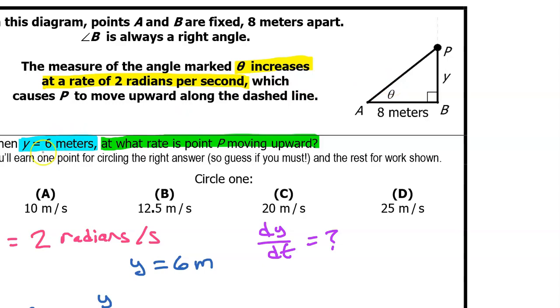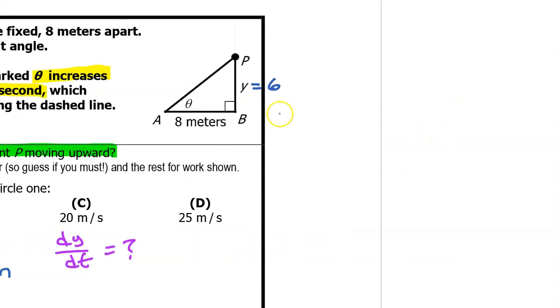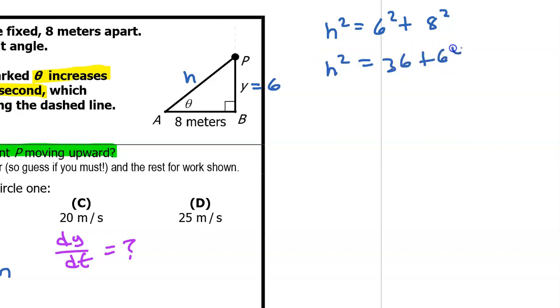At the moment in question, y equals 6 meters. So I'm going to go ahead and let y equal 6. Let's use the Pythagorean theorem to figure out what the hypotenuse is. So we've got h squared is equal to 6 squared plus 8 squared. So this is going to give us h squared is equal to 36 plus 64.